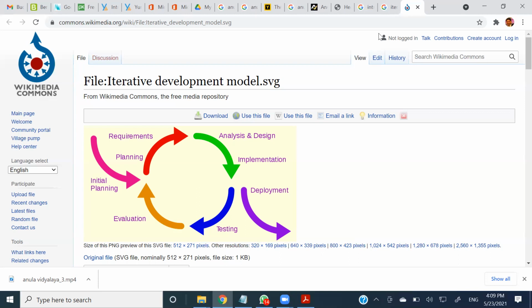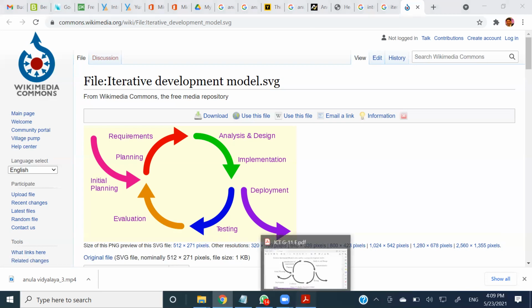And again, in the waterfall model, you won't be able to see the final output until the end. But here, the client can always experience what the output is, and can know exactly what has happened so far, right? So those kinds of differences are there, right?